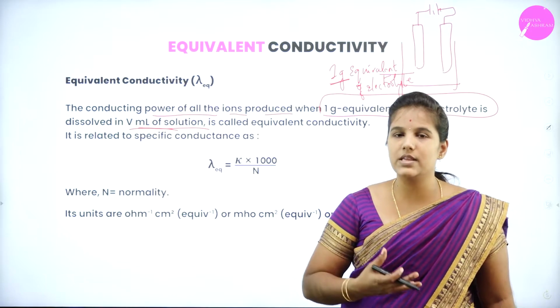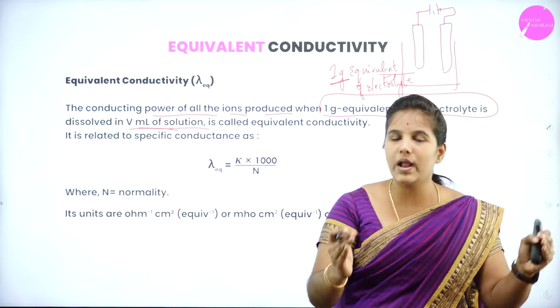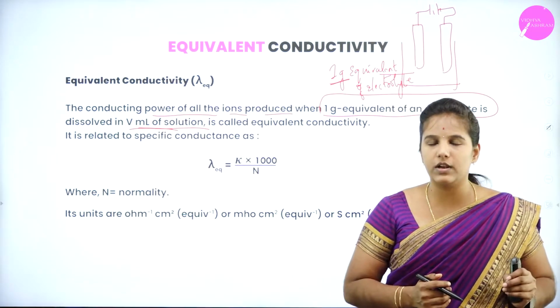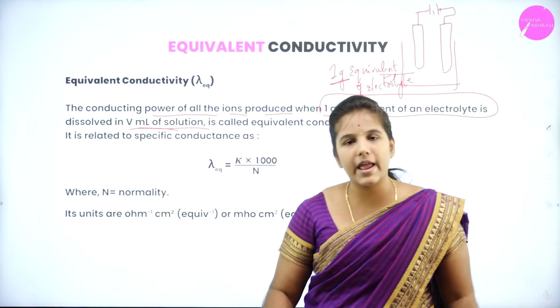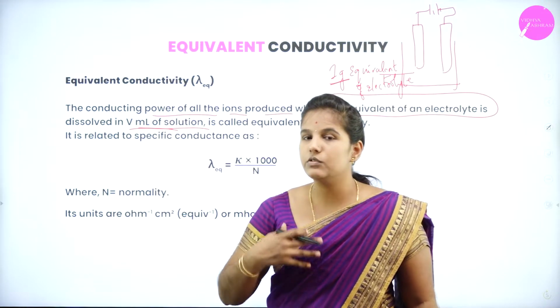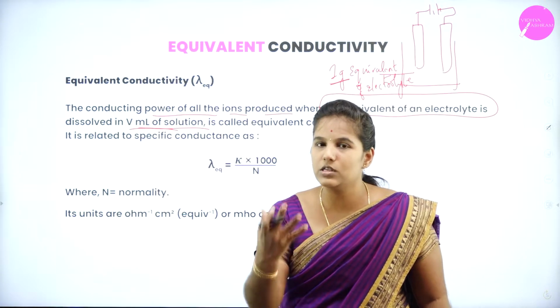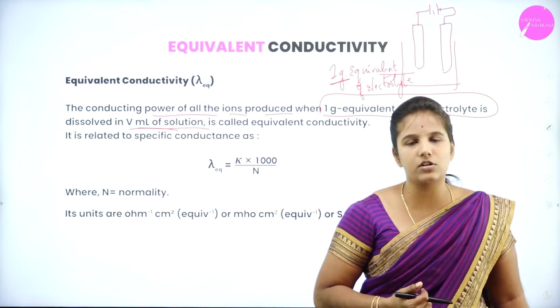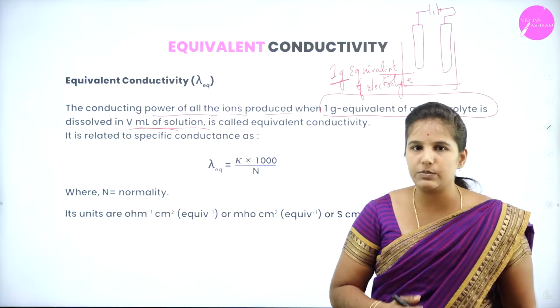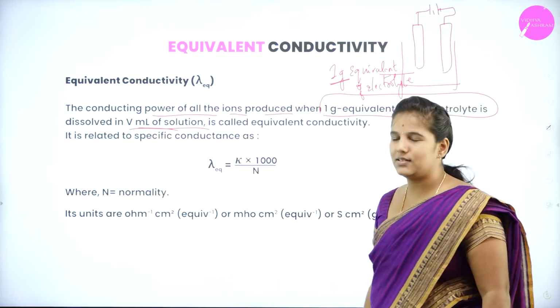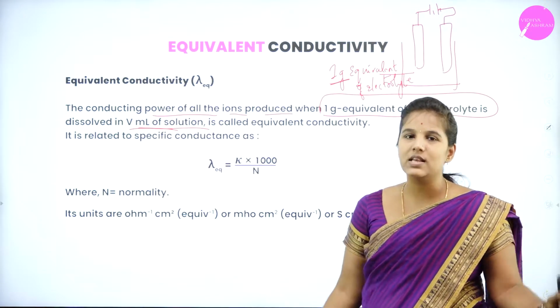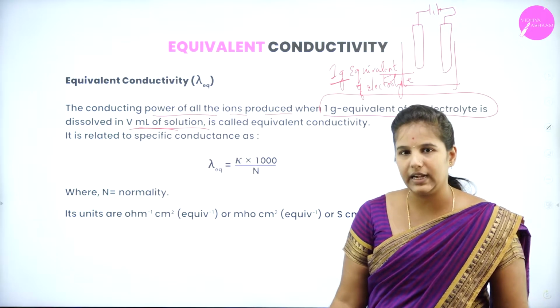So you can say that we are dissolving 1 gram of an electrolyte in the given ml of solution. So the ions which have been produced from that 1 gram of electrolyte will be responsible for conducting the electricity. Hence it is known as equivalent conductivity.